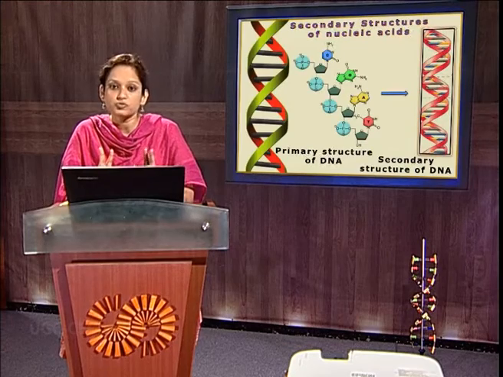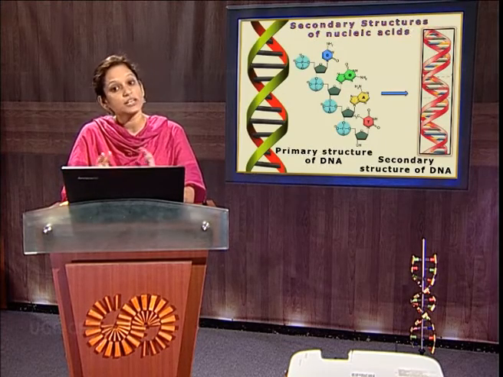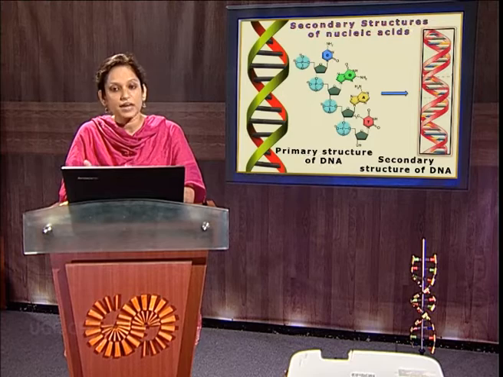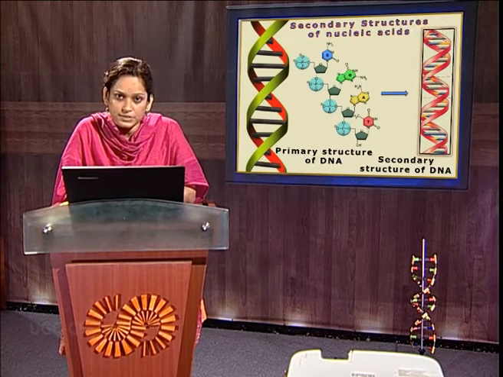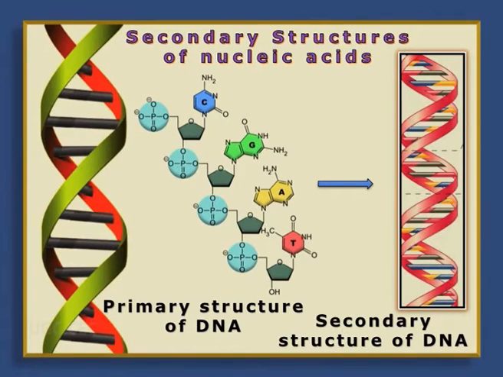The DNA double helix consists of two main parts. The hydrophilic sugar phosphate backbone is present on the exterior of the double helix, whereas the bases, being hydrophobic in nature, are present in the center. Thus, this contributes to the stability of the secondary structure of DNA.